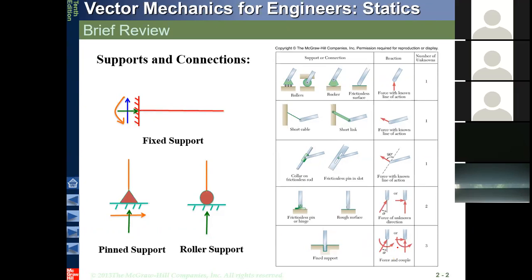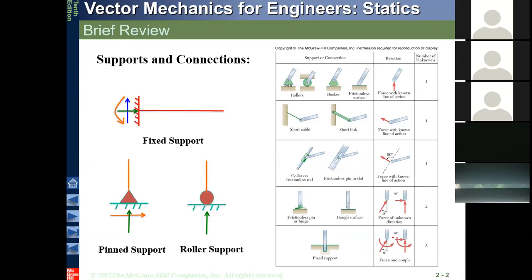any direction in two-dimensional or three-dimensional, and also you have actually couple constraints. Well, in two-dimensional you just have one couple, which is actually along the direction out of the surface.